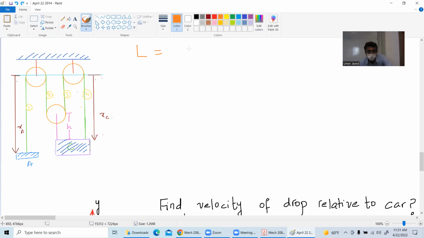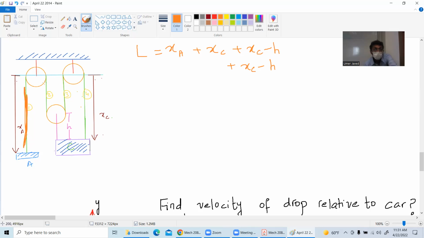Okay, so again, this is one rope. In your homework problem, I will give you a complicated one. XA plus XC plus XC minus H plus XC minus H, right? Follow me.